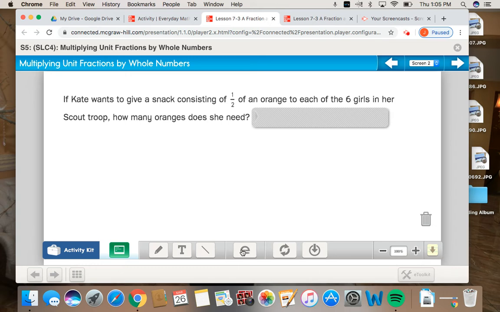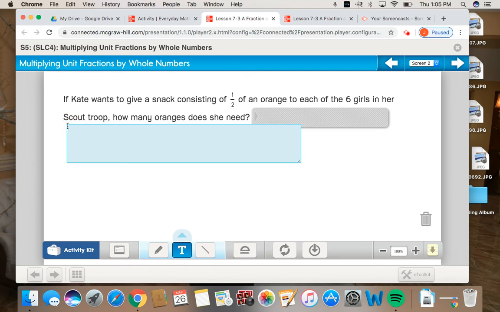I'm going to write my number models first. There's 6 girls, and they each need half an orange. So that means I need 6 groups of 1/2.